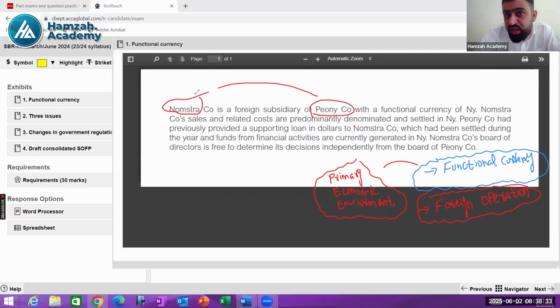Now, in this regard, we have guidance from IAS 21, and it is in summary.